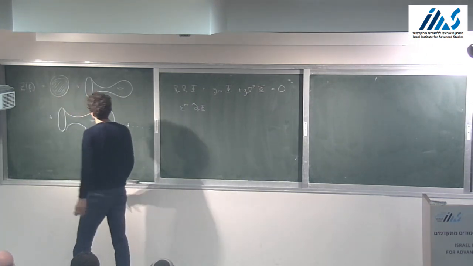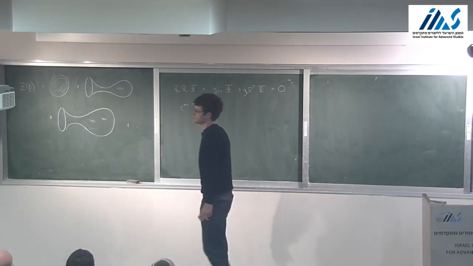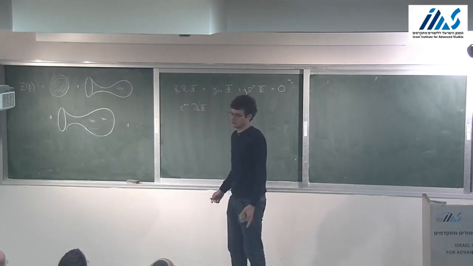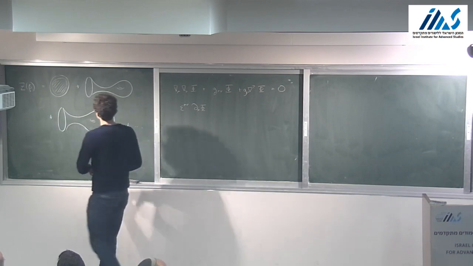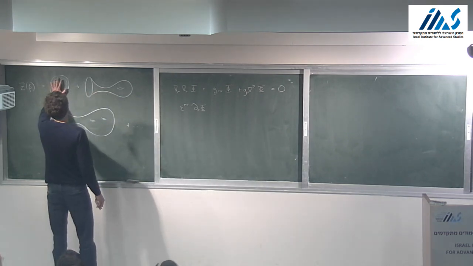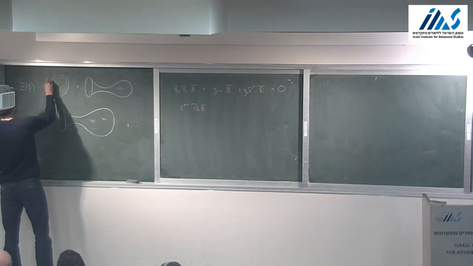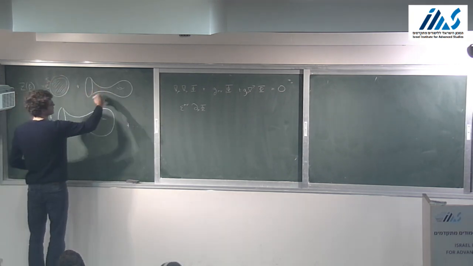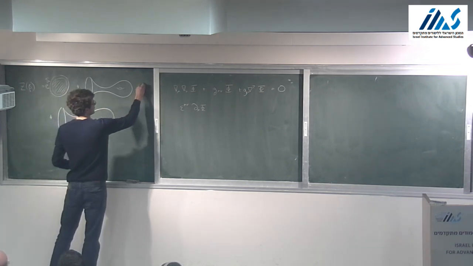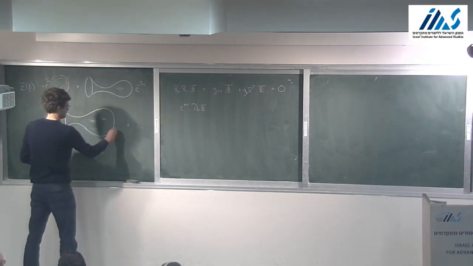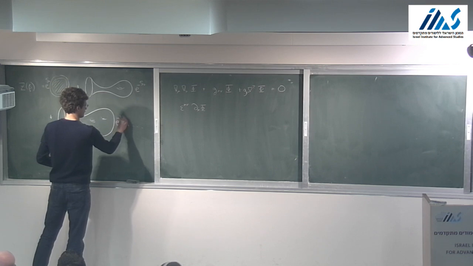let's first think about the contribution of this topological term for these geometries. So the Euler characteristic of this guy is 1. So we get a factor of e to the S0. The Euler characteristic of this thing is -1. So we get an e to the minus S0. And this is e to the minus 3 S0.